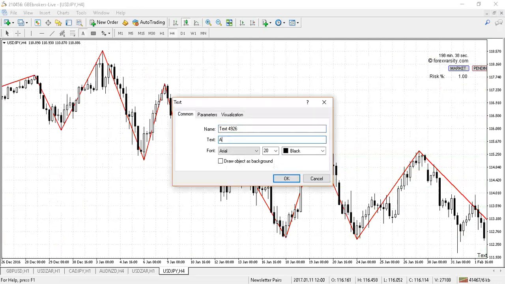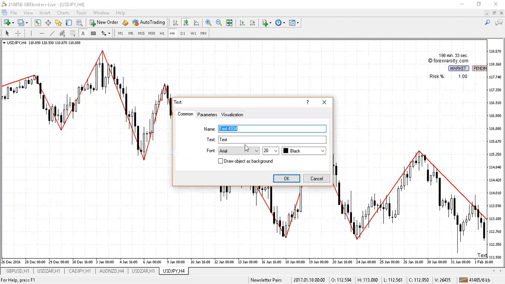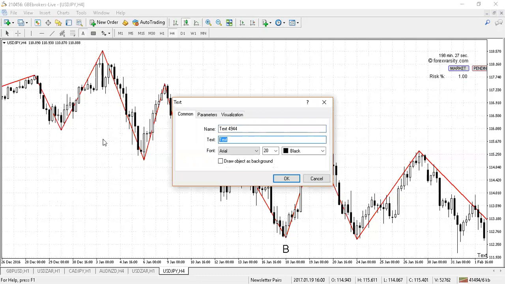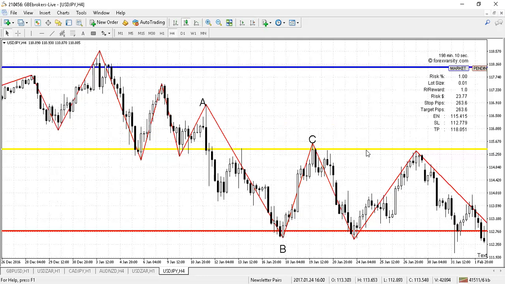So if that is your A, this is your B, and obviously you will have your zone set out, and you're going to be following the Forex Varsity rules. But ultimately, you're going to want to enter in on the C. So say, for example, you chose to enter in on the close of this candle, which would be this point.